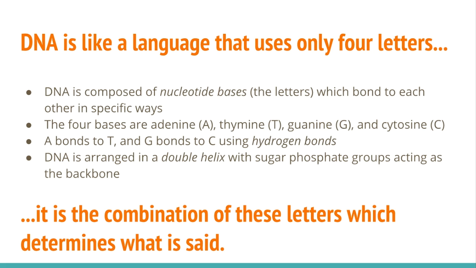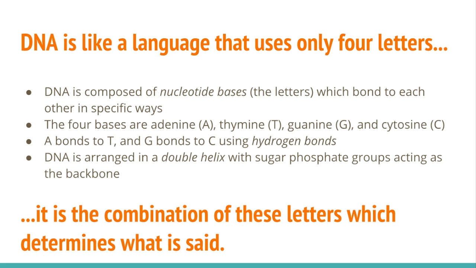For example, A only ever bonds to T, and G only ever bonds to C, and they're bound with hydrogen bonds. Those arrangements of nucleotides, the sequence that they're in, determines what the gene will express, and at the end of the whole process, going back to the central dogma, the sequence of nucleotides will determine the shape of the protein and what the protein does, but we'll see that a little later on.